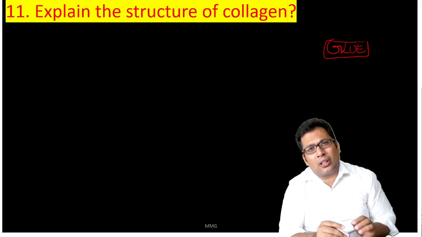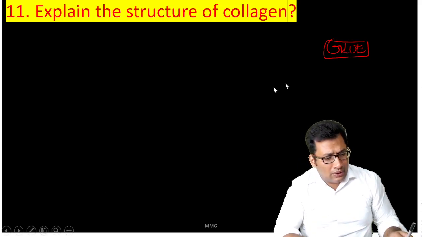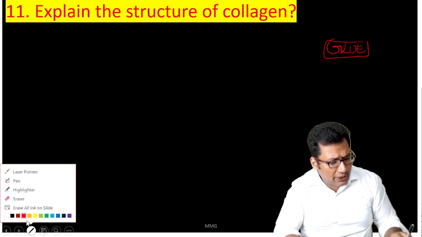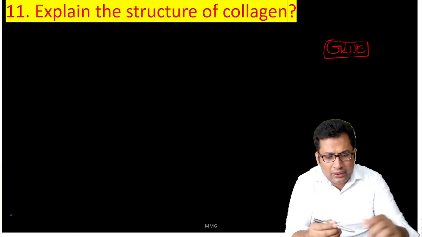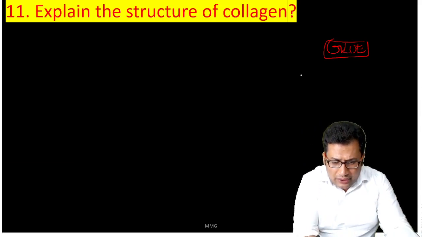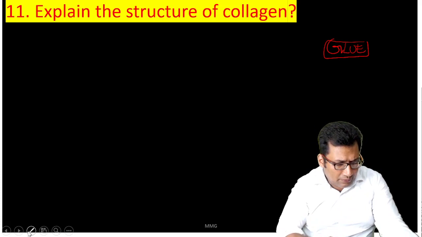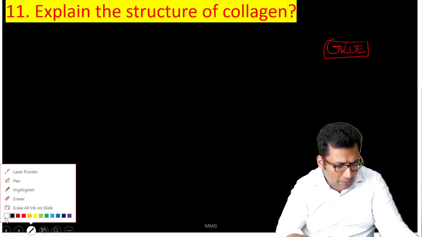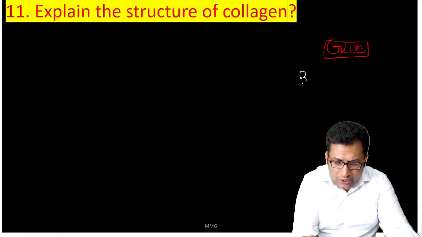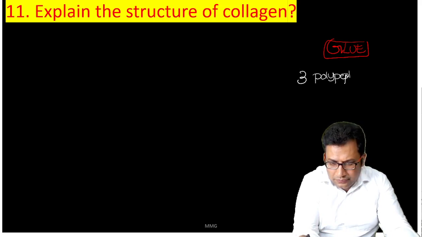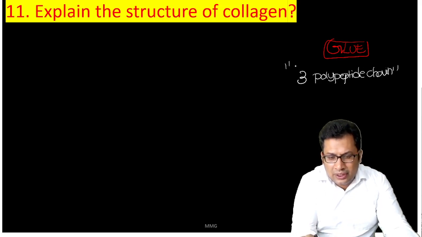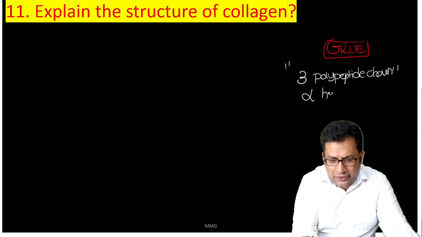So, what is the structure of collagen? Collagen is made up of 3 polypeptide chains, so it is nothing but a triple alpha helix.